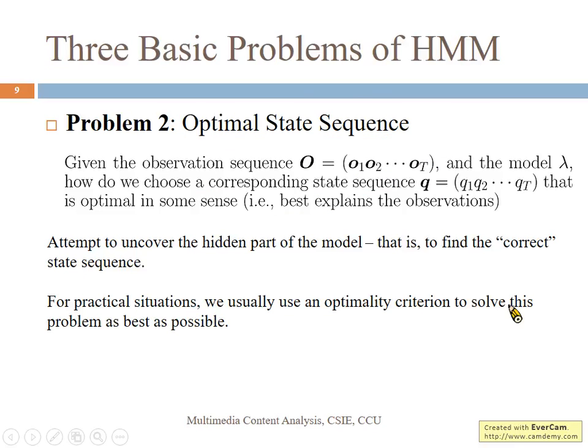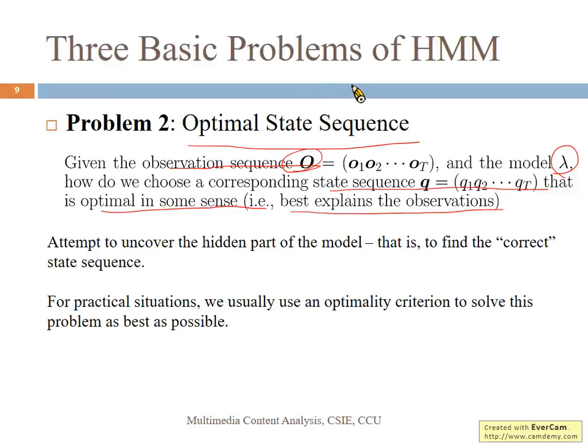emphasize first. The second problem is optimal state sequence. So also, given the observation sequence O and the model lambda, how do we choose the corresponding state sequence Q from Q1, Q2 to QT that is optimal in some sense, that is, best explains the observation? Okay, so as we said before, in the two-coin model, the result of head, head, tail, tail, tail may be generated by the state sequence 1, 1, 2, 2, 1, or 1, 1, 1, 1, 1, or 2, 2, 1, 2, 1, and so on.